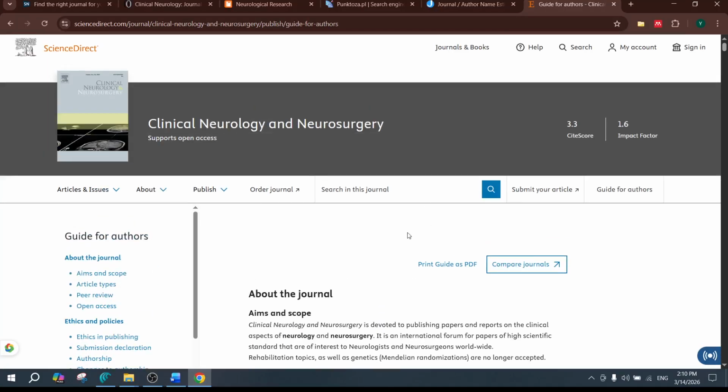I know it's very time consuming, but I guess now, after knowing this, you can save a lot of time, and instead of sending randomly to journals, you can now identify tailored journals for your research paper based on the tools we have just mentioned.